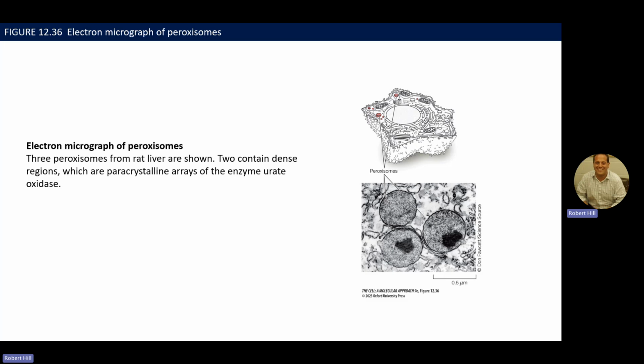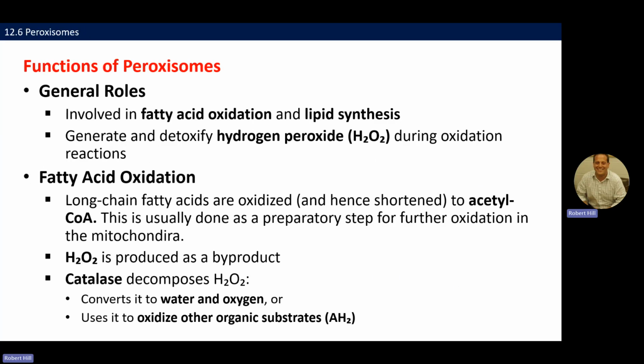Sometimes you get these dense regions inside the organelle that are usually crystalline structures, right? I think this is uric acid or something that's building up in there, and they just start to densify and crystallize. So important roles in fatty acid oxidation, right?